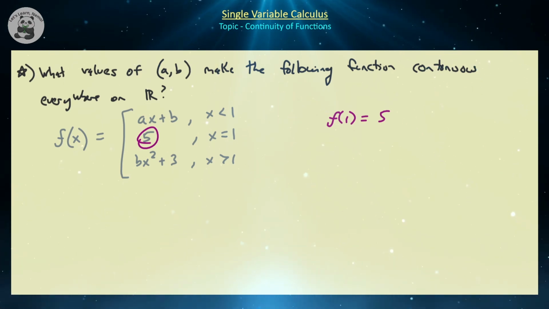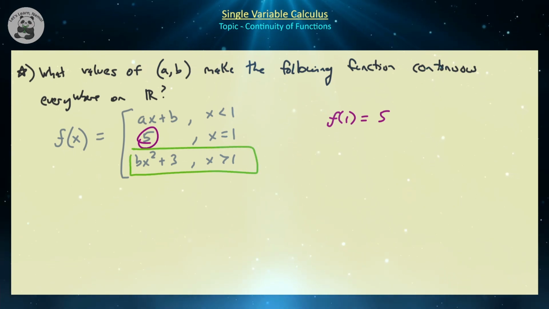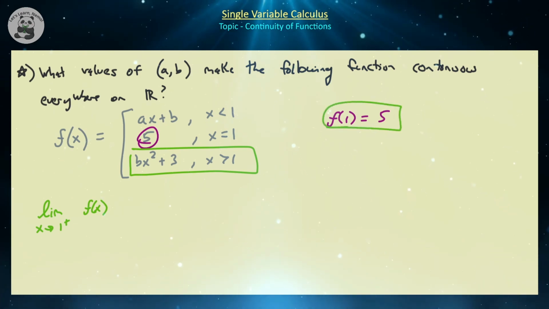So let's start with the easiest part in this problem, where the second parabola only has one parameter, because we know that the limit as x approaches 1 from the right-hand side of this function must be equal to the function value, and the left-hand limit also must be equal to 5 as well. But we only have one parameter in this third piece, so it's a little bit easier to work with.